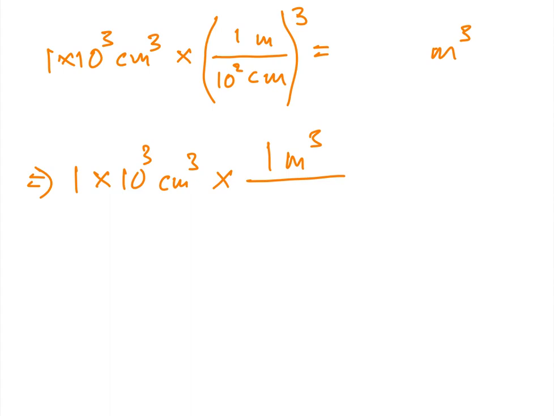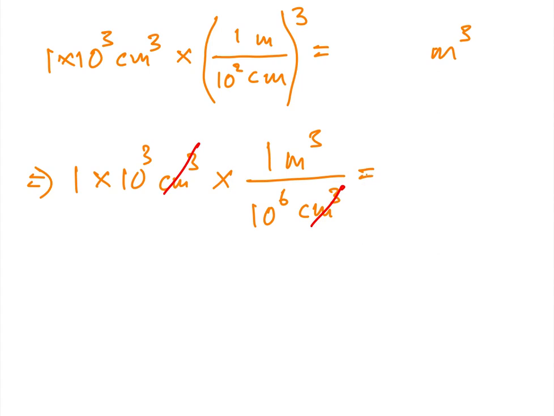A power raised to a power gives you 10 to the 6th; you multiply those 2 numbers together and raise the final unit. Of course, the centimeters cubed now cancels out, so we are left with units of meters cubed.